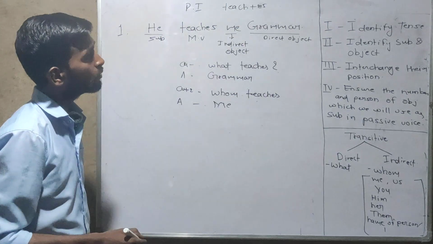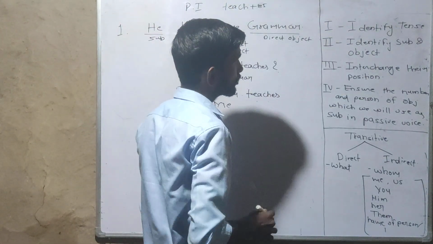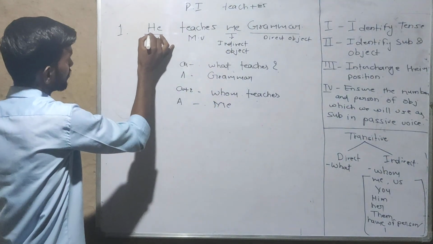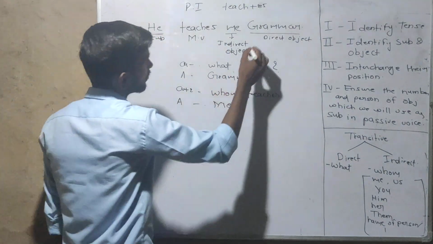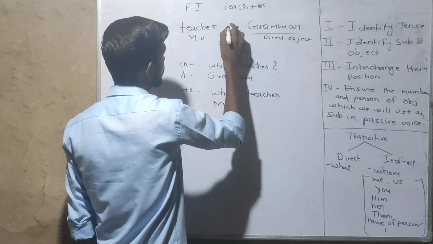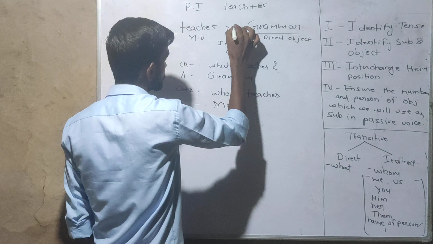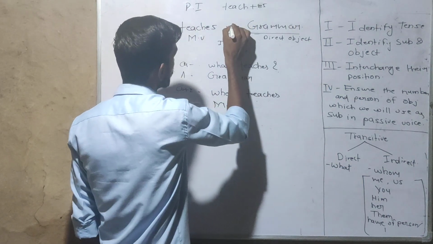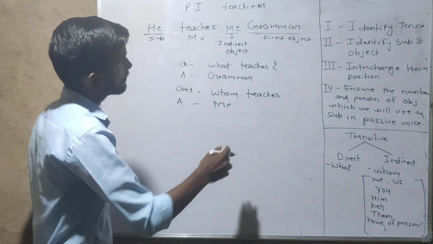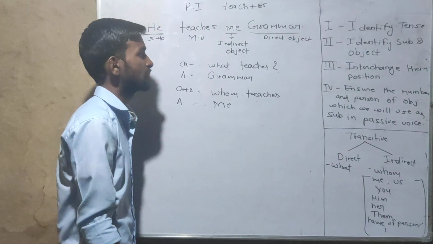Now moving to step 2. Step 2 is identify subject and object. Here "he" is the subject, "grammar" is an object, and also "me" is an object. In this sentence there are two kinds of object: the first one is direct object and the second one is indirect object.